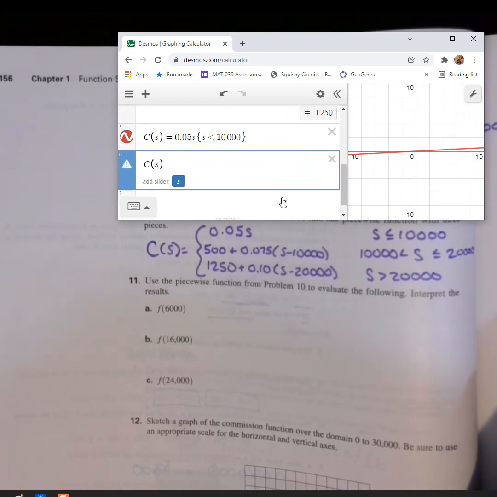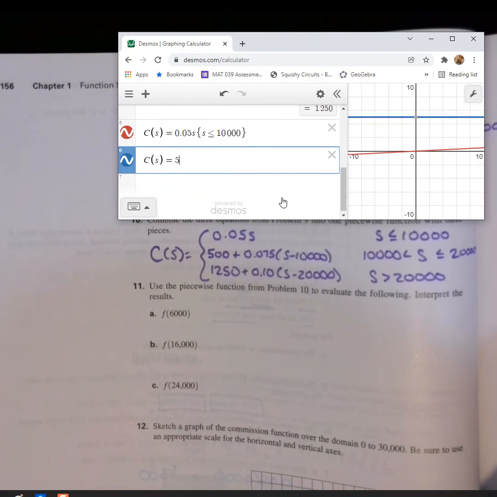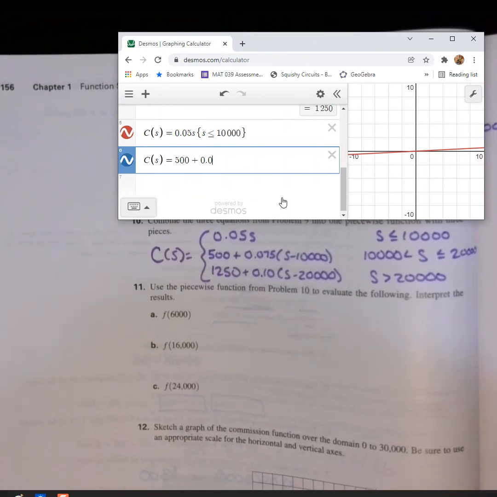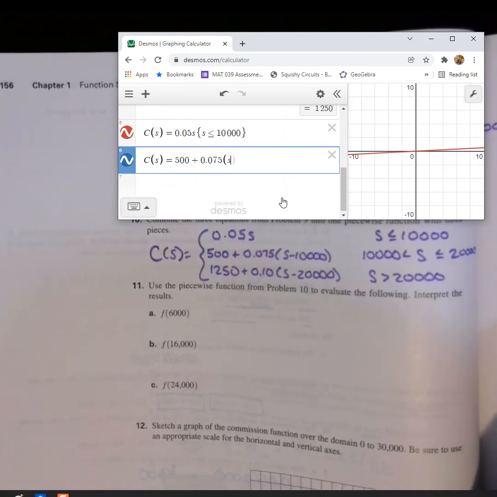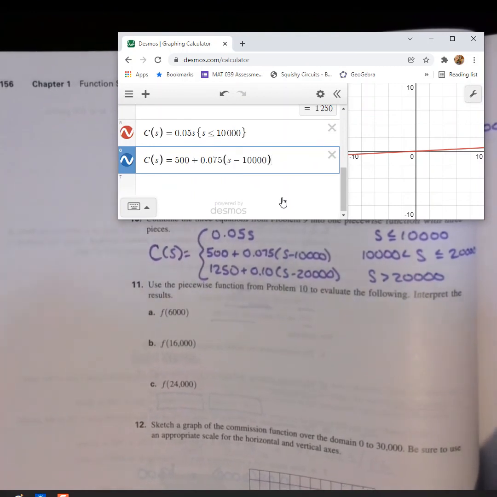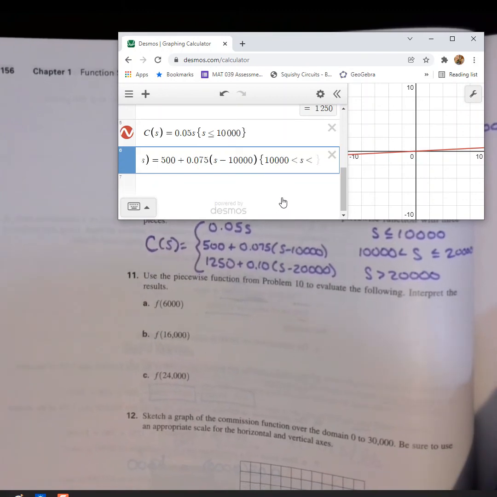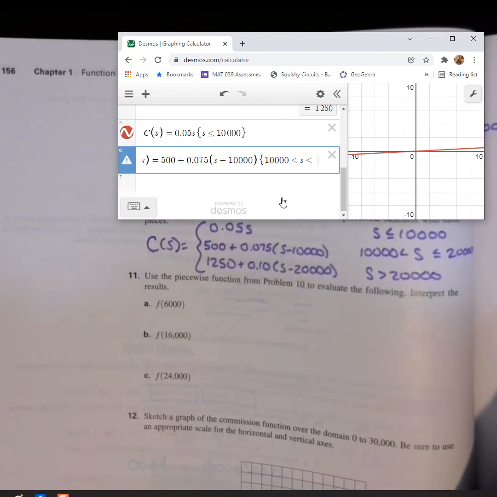Okay, C of S equals 500 plus 0.075 times S minus 10,000. Use that function when 10,000 is less than S is less than or equal to 20,000.